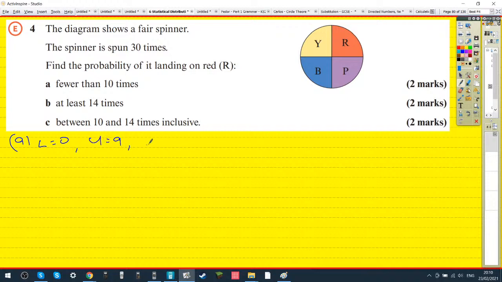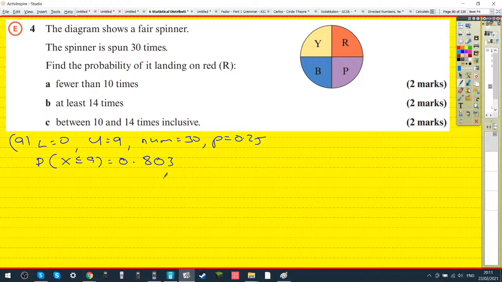Well done. The number of trials would be 30 and the P is 0.25, which gives you 0.803.